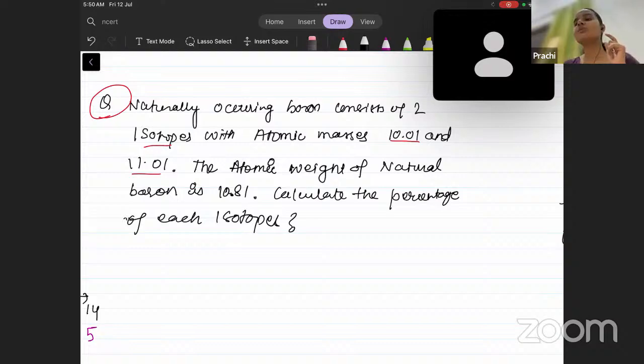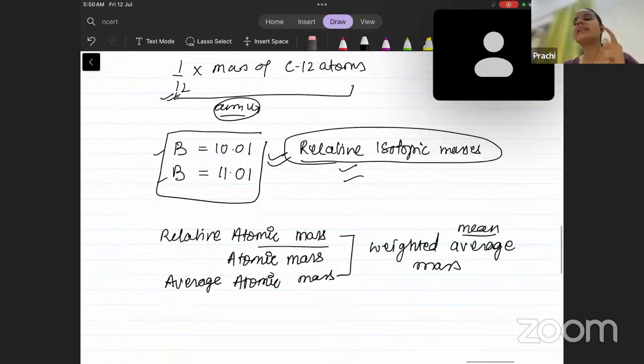And the terms that you will be using are relative atomic mass, average atomic mass. All three things are the same. Whereas the masses of the individual isotopes will be known as the relative isotopic masses. That's why this is not a word that you use very often.